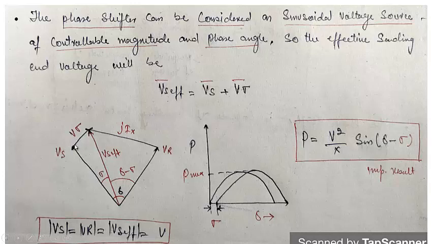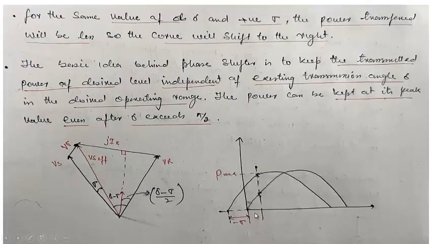If we increase Vs effective as well, in that case there may be a chance that this peak will increase and steady state stability will increase. But here we can see that transient stability will increase because the overall angle between this and this will reduce.